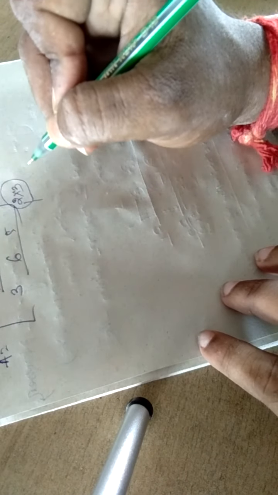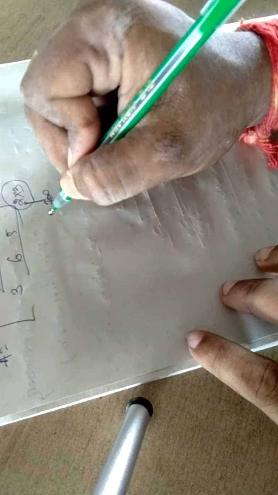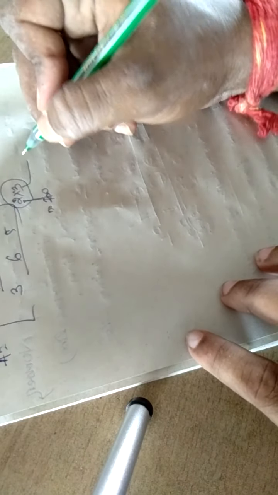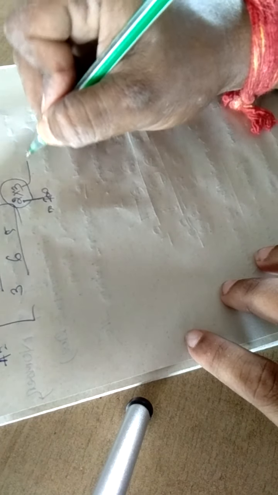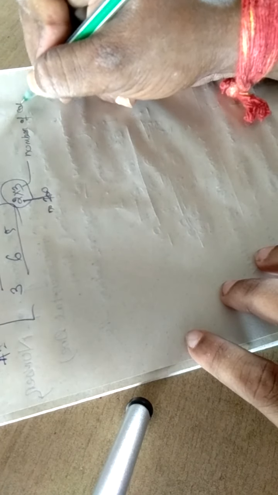The first subscript shows the number of rows, and the second subscript the number of columns.